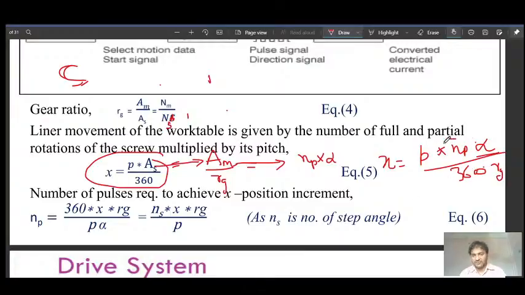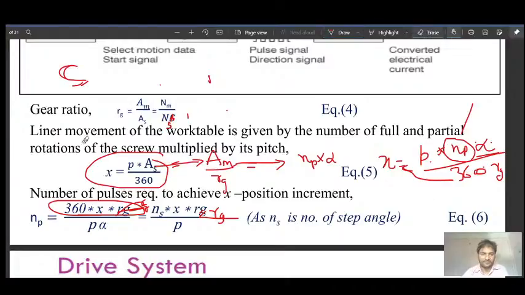So rearranging it and finding the value of np, x into 360 into rg divided by p alpha, we will get x into rg into 360 degree. Good. Rg should be like this, it should be r, and g should be subscript rg, here also RG. NS, X RG by P alpha again.